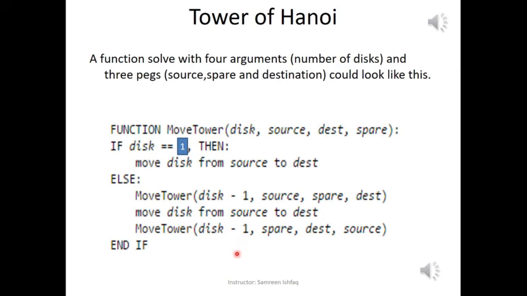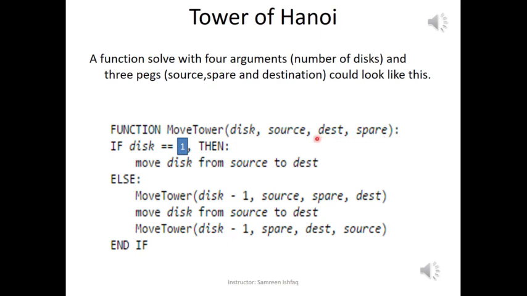Before solving this algorithm, there is a very important point that you need to remember. There are four arguments that we're going to pass to this function. Number one is the total number of disks. That can be one, two, three, or four, depending on the problem. The second argument is source. The third argument is destination, and the fourth argument is spare.